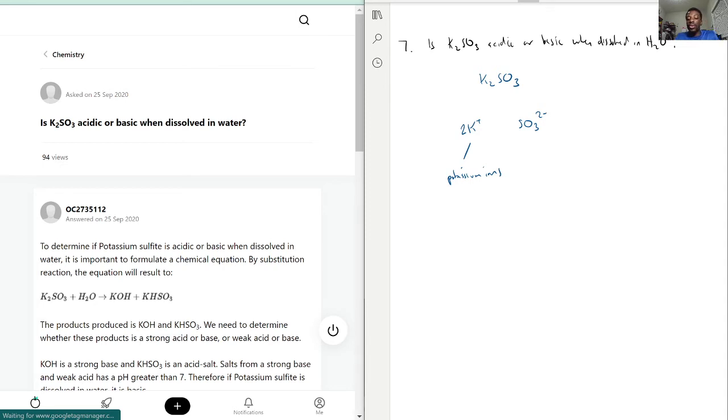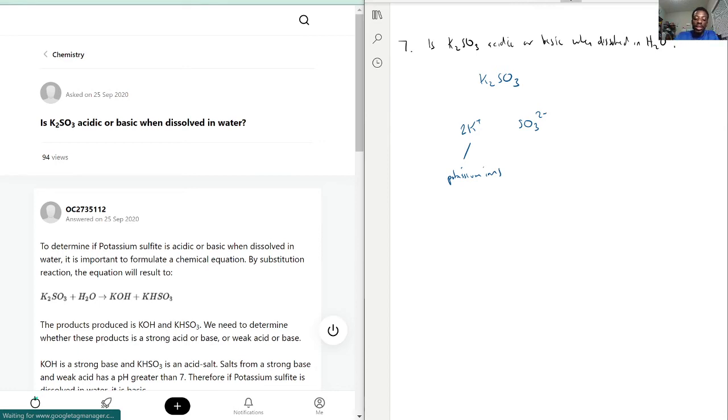Now, for it to work as an acid or a base, it needs to be either able to donate a proton or receive a proton, okay? So it definitely cannot donate a proton because there's no protons available to donate, but can it receive a proton? Potassium has no reason to. It's content the way it is. It wants to stay in this form. So potassium is just going to simply stay put.